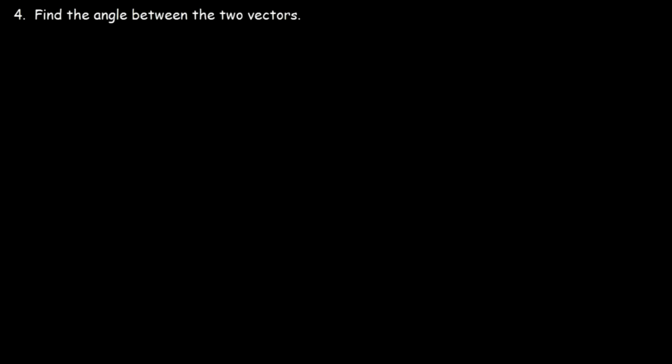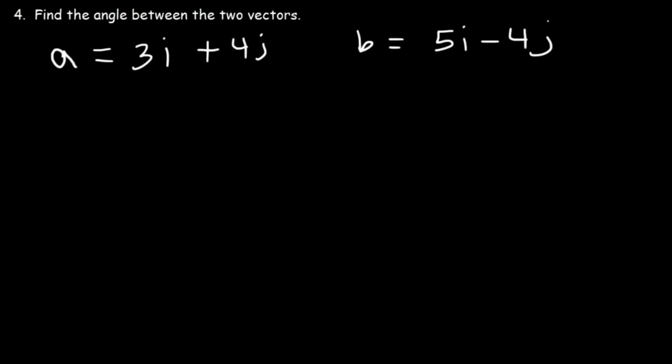Now let's say we have two vectors, vector A, which is 3i plus 4j, and vector B, which let's say is 5i minus 4j. What do we need to do in order to find the angle between the two vectors? To find the angle, you can use this formula.